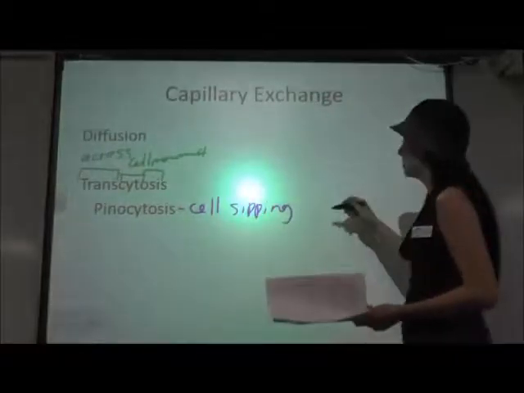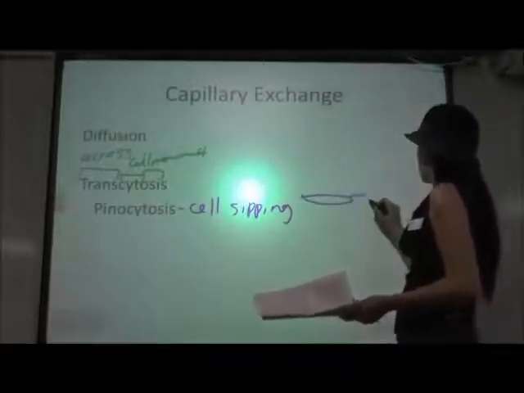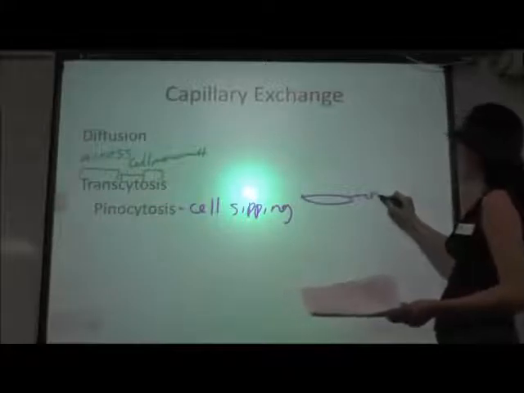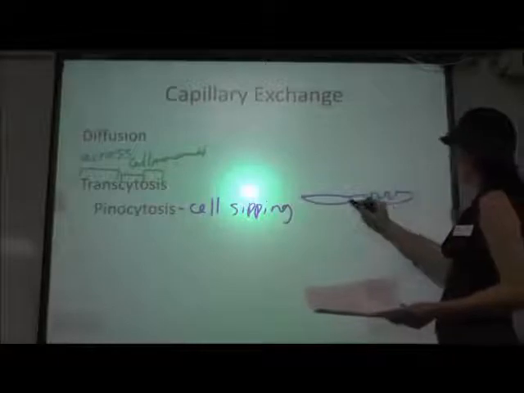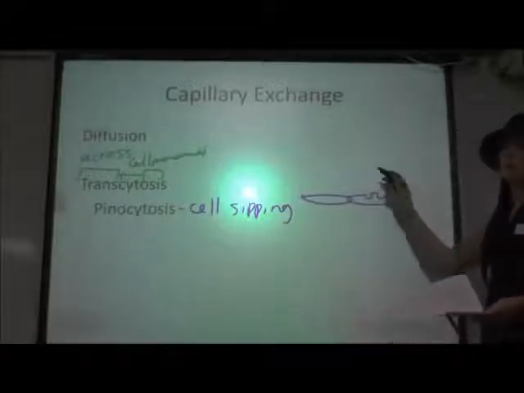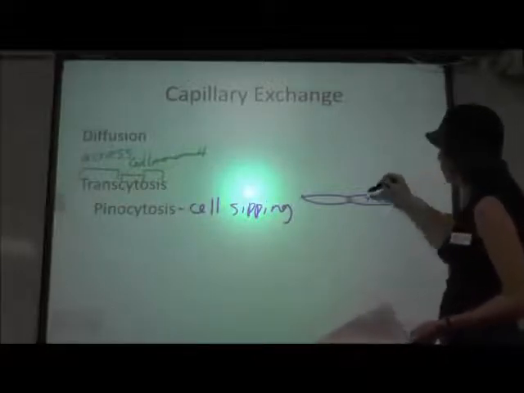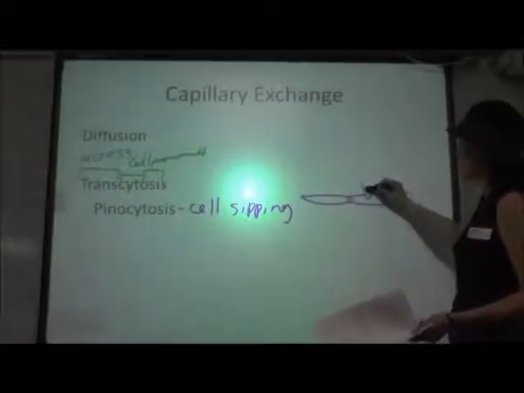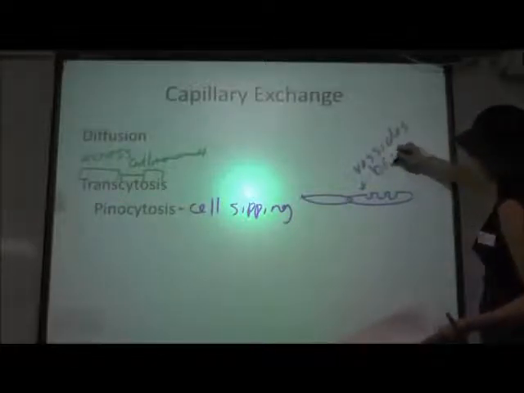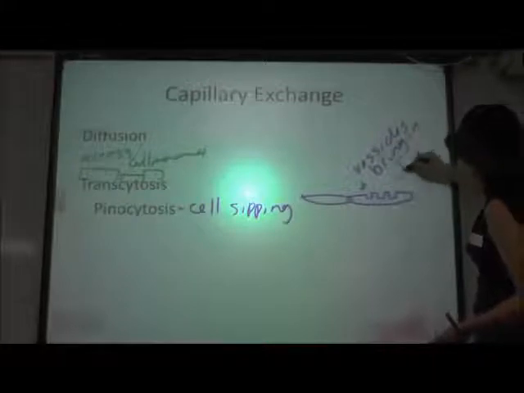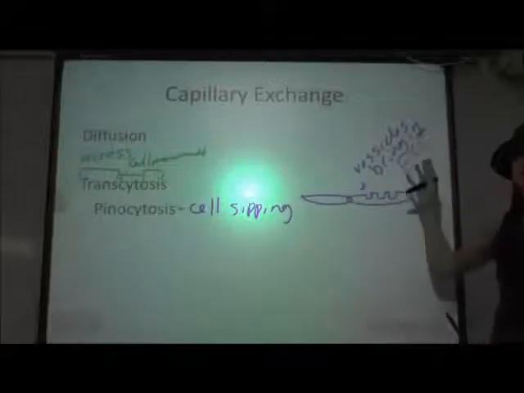And that is going to be, if we look at our endothelial cell, then when pinocytosis is happening, we get these small little vesicles that are bringing in amounts of extracellular fluid. So things that would be in that extracellular fluid could be like ions or something. And so pinocytosis is the cell sipping, and we get these little vesicles that are bringing in extracellular fluid, and whatever small solutes are in that extracellular fluid.